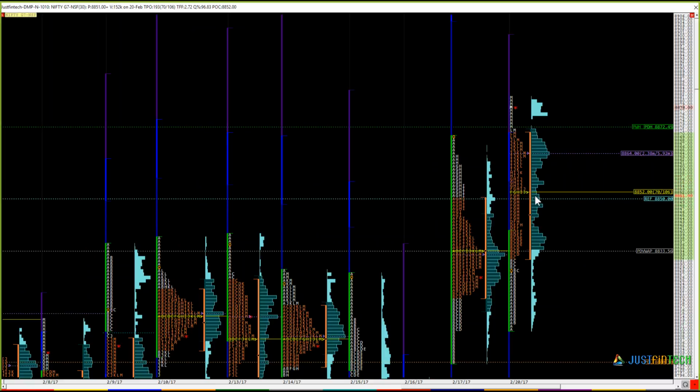This prominent POC is here, not so prominent, just seven periods traded there, but still it's an anomaly. M period anomaly, and again H period and the C period. So a lot of anomalies there during the day.